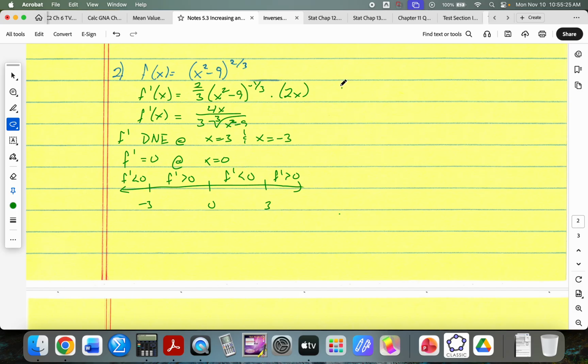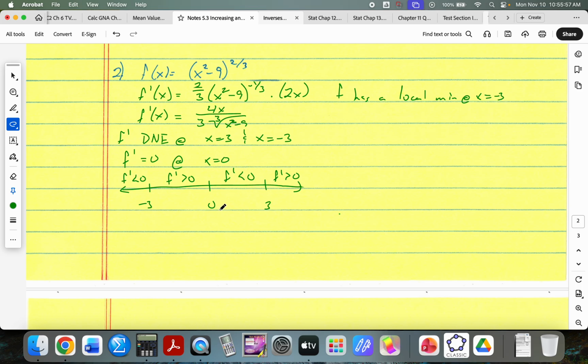All right. So f has, what's it going to have at -3? Well, if f prime goes from negative to positive, f goes from decreasing to increasing. So f has a local minimum at x equals -3.